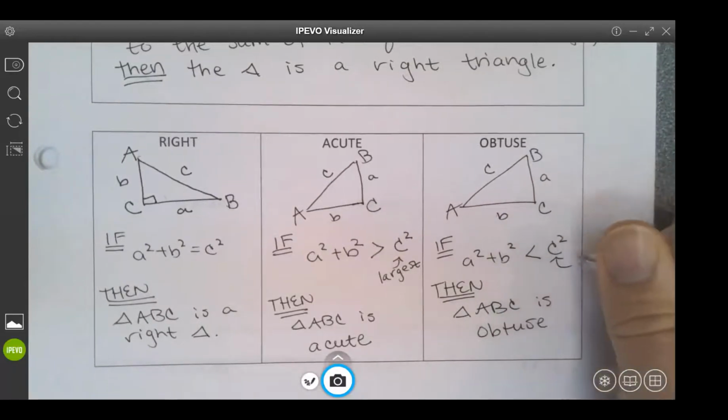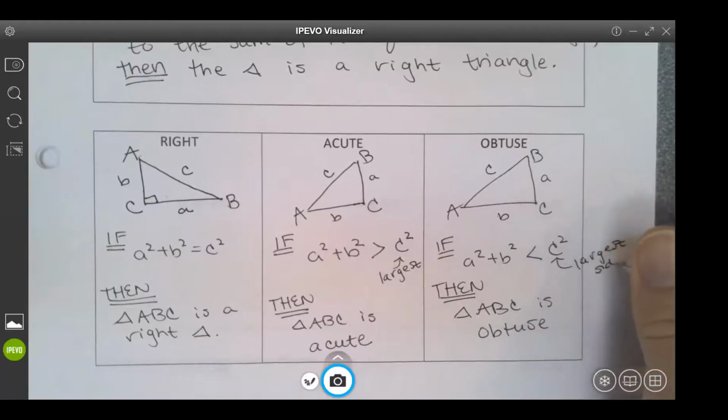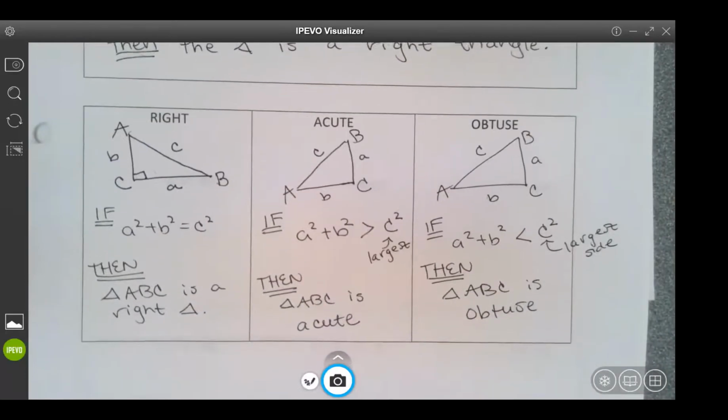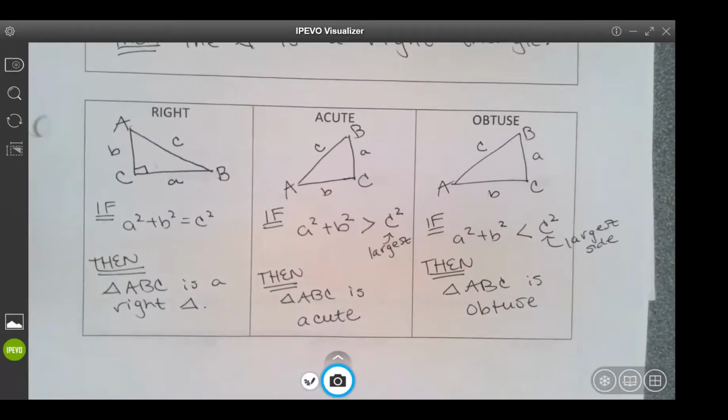And again, this is the largest or longest side. And these are called our Pythagorean inequalities.